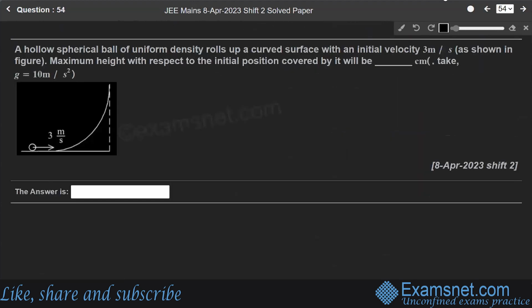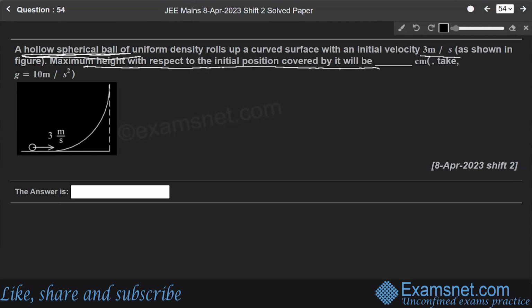Okay. Now the next question is question number 54. This question says that a hollow spherical ball of uniform density rolls up a curved surface with an initial velocity of 3 meter per second. We have to find the maximum height, with respect to the initial position, covered by it.